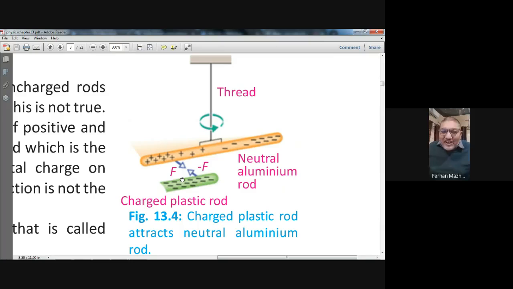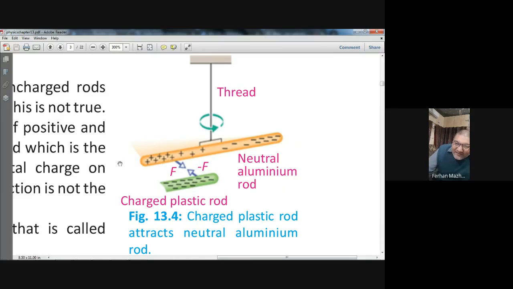We have not charged it, but when you bring this negatively charged rod near, the left end becomes positive, and the right end of the aluminum becomes negative, because the free electrons have been repelled by this negative rod and have accumulated on the right end of the aluminum rod.